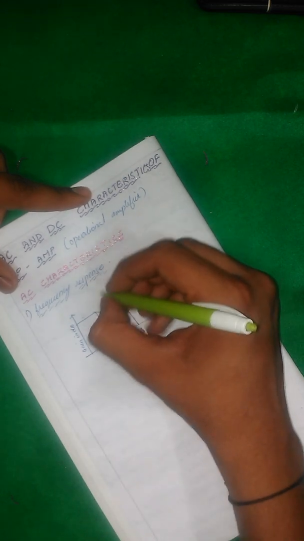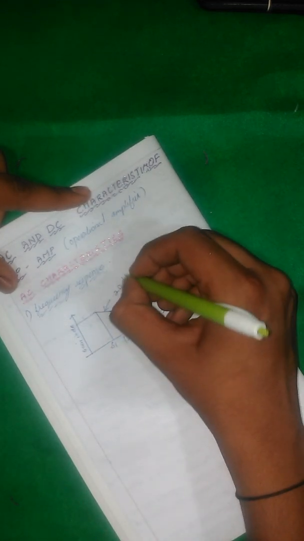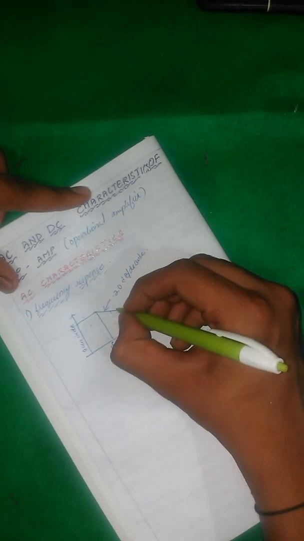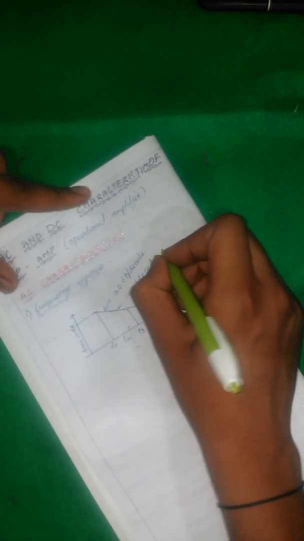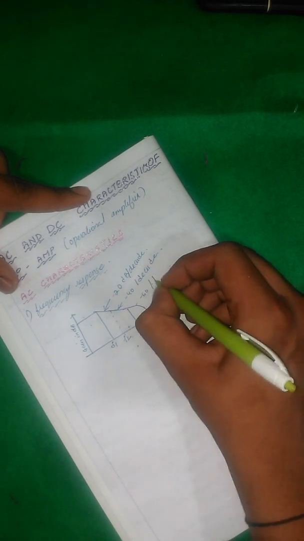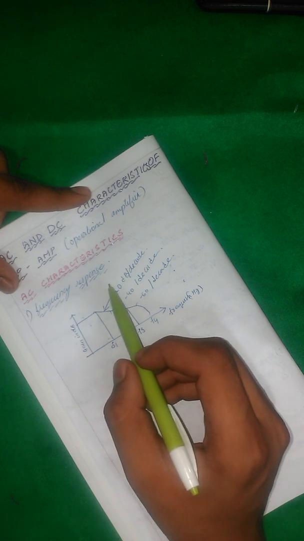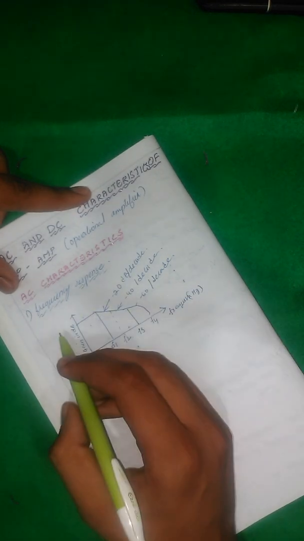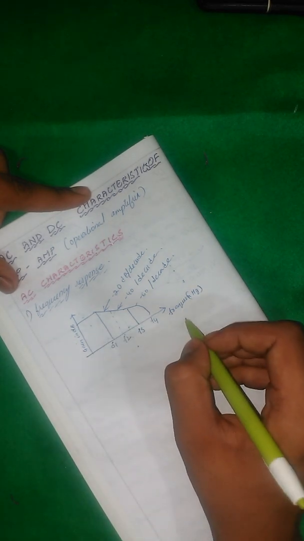Here it is minus 20 dB per decade, minus 40 dB per decade, and here minus 60 dB per decade. This is the frequency response of an op amp in a graphical representation, provided for an input signal at different frequencies.